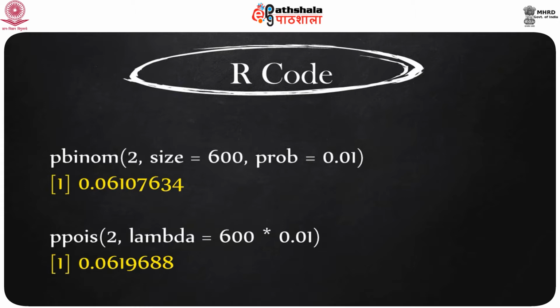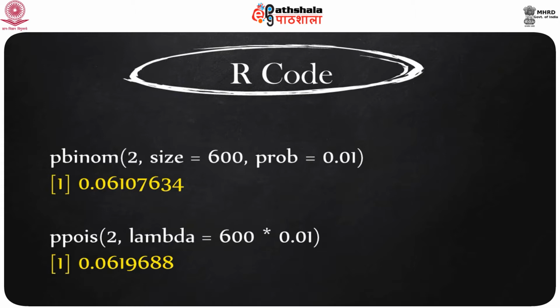Now, what we are doing is taking this n and p and multiplying them and using the product as lambda, since lambda is equal to np. But how will this lambda be used? This is the question here. We use it again to find the probability of less than or equal to 2, this time for a Poisson distribution.